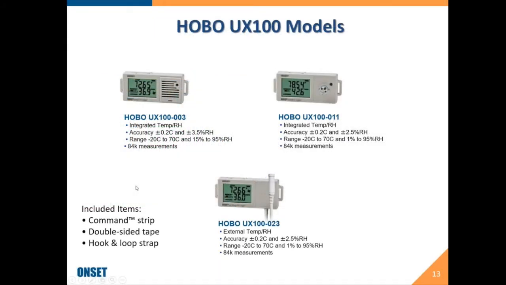Here's an example of some of our models. Also, one of our questions that was sent in ahead of time was, what's included when you buy the logger? And I try to put that on all of these. Here are the items that are included with this series logger: a command strip, which is a 3M type sticky device that won't leave marks on the wall.